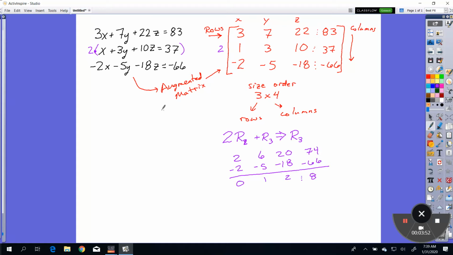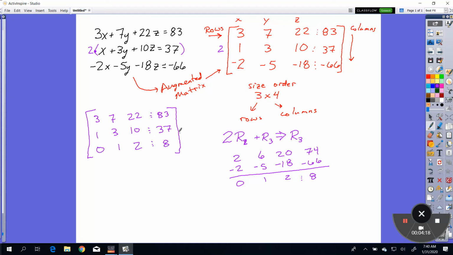Now I would rewrite my matrix, and the top row would not change. My middle row would not change, but my bottom row is now 0, 1, 2, 8. We're going to use this process to solve this system of equations.